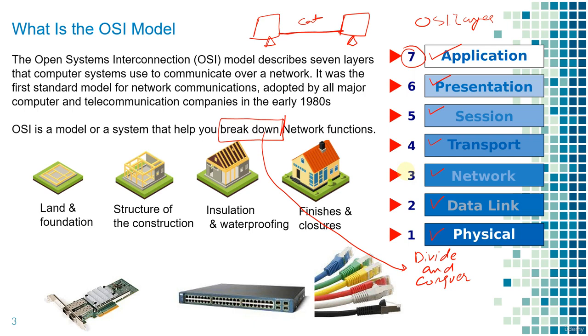But they have divided it into sub-layers to make you understand what is happening at every layer and how you are going to troubleshoot that particular layer. That is the basic idea behind the breakdown, so you can divide and conquer. I hope you get the idea.